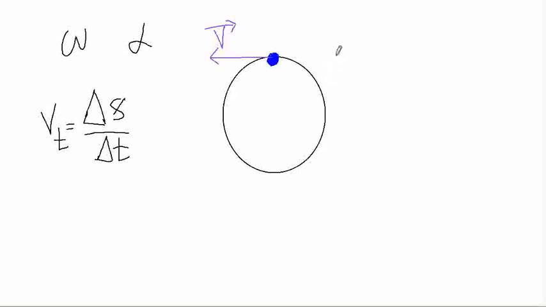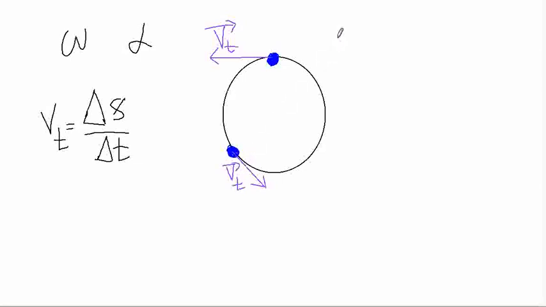Now when the blue object moves somewhere else, like down here, then the tangential velocity component is going to be like that, in that direction. So the point that I'm making is that for any instant, you can calculate a linear velocity and linear acceleration.